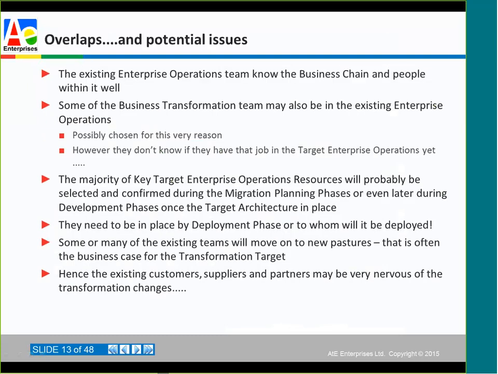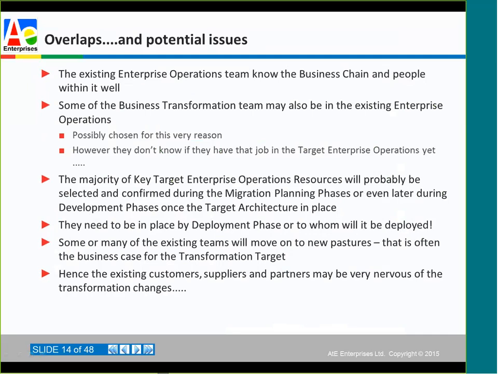So everybody's very nervous. The majority of the people who will be selected to help in this will probably be selected and confirmed during what we call the migration planning phases, or maybe even later during the development phases, once the target architecture is in place and understood and signed off.